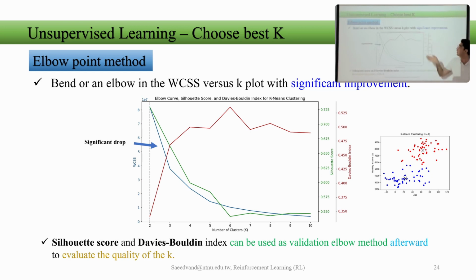Then you can use it as WCSS, plot it at the end stage, then quickly find the elbow point, then find the best K for each one that you are running. Clear? Any question?